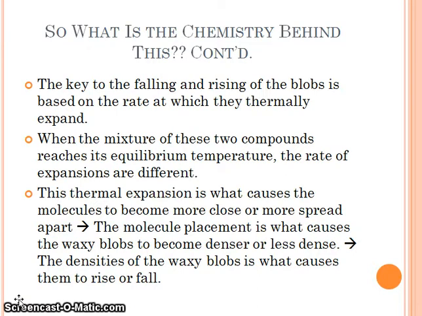The densities of the waxy blobs is what causes them to rise or fall. So basically, when the wax blobs get heated, they absorb the heat and the molecules move a lot quicker. So they expand and become less dense, so they rise. And then once they reach the top, since the light bulb is at the bottom, it cools down and then it drops and the molecules become more compact.